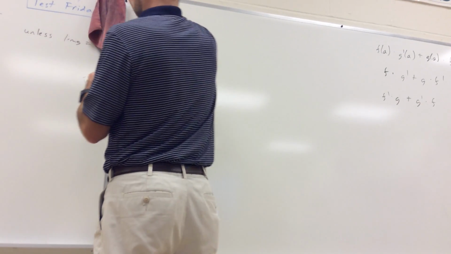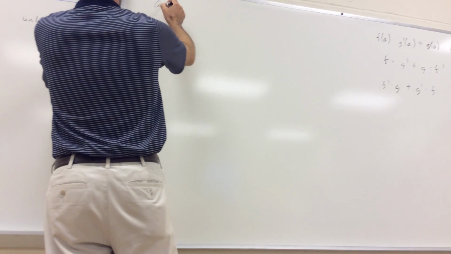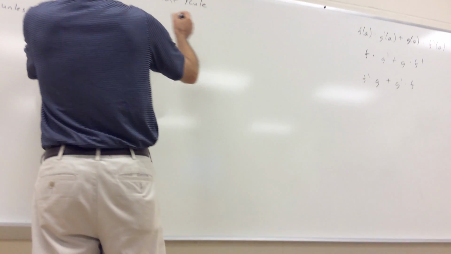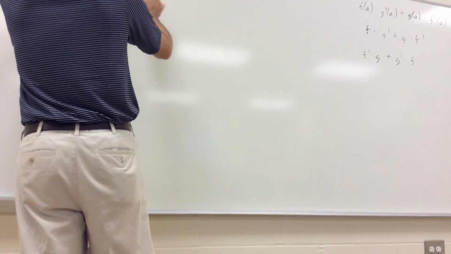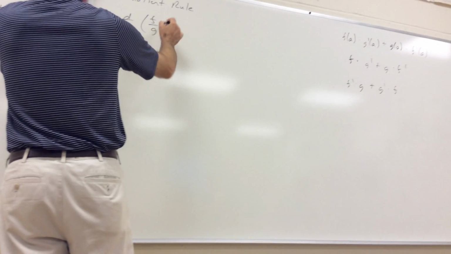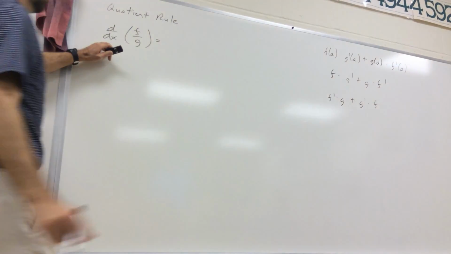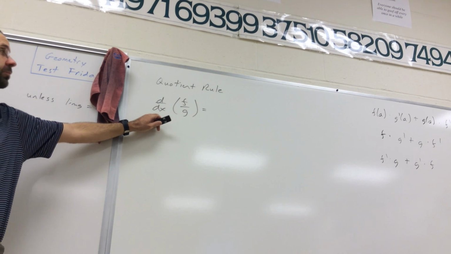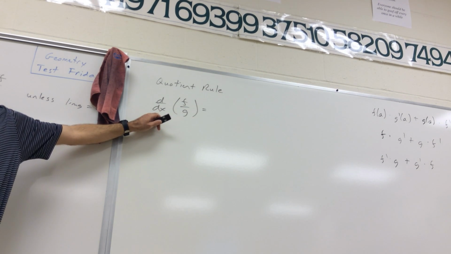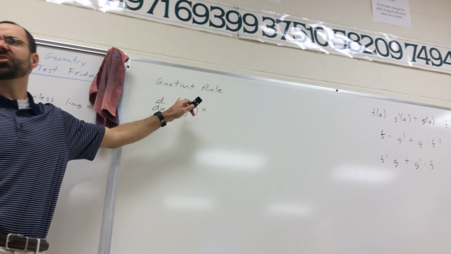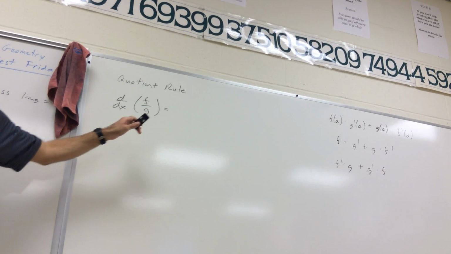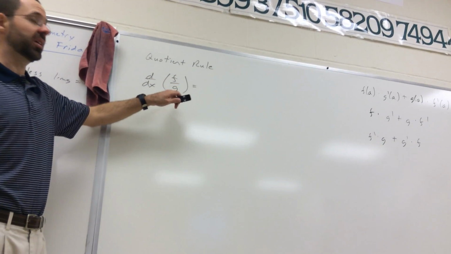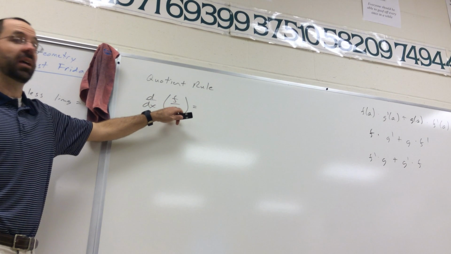So here is the quotient rule. When you take the derivative of two things divided, okay, so I'm going to refer to f, because f and g are just arbitrary names. The functions could be called anything. So instead of calling them f and g, I'm going to call this the top function and that the bottom function.